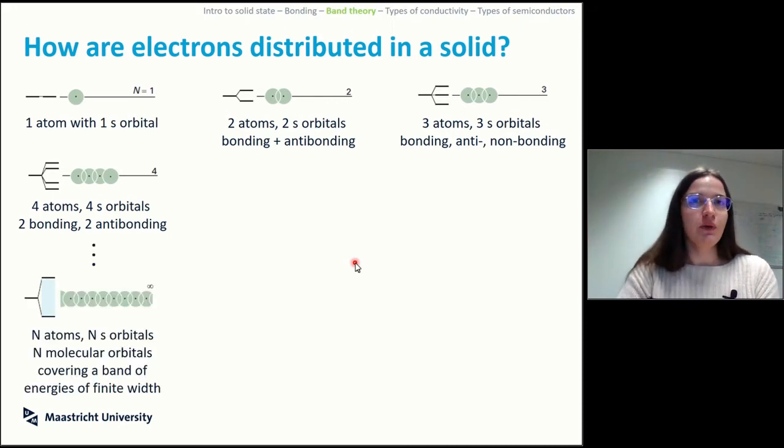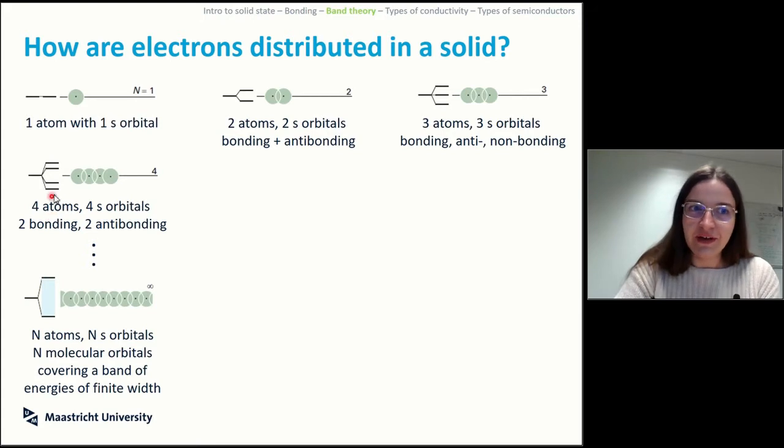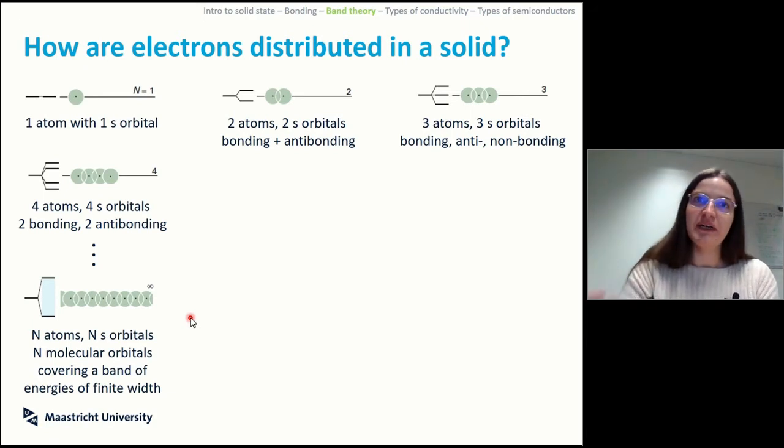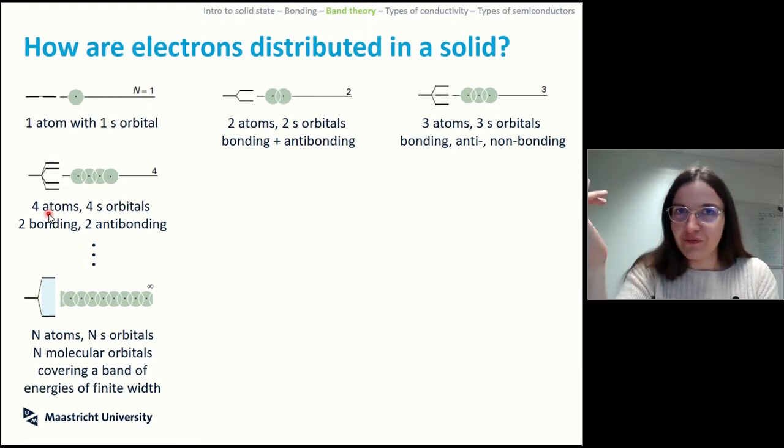The issue is that the more you keep adding them, the less space can you possibly have between them. So if you add an infinite amount of atoms, like n atoms with n s orbitals, you will end up with n molecular orbitals, but there is a limited amount of split that you can have. They cannot jump in energy further away because they are just atoms.